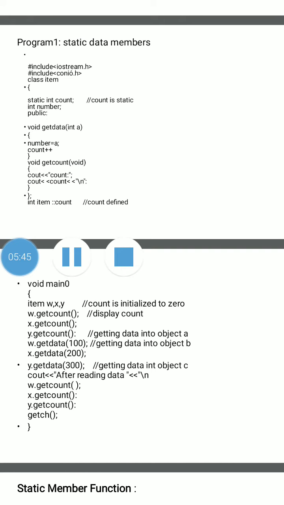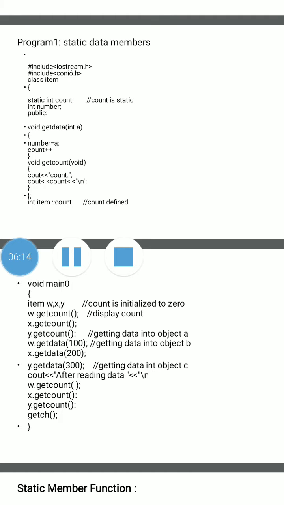Here is one program, same program, declare a variable. Then here are get data and get count, both functions are defined inside the class, means we have defined the functions inside the class, so we don't need declaration of function.